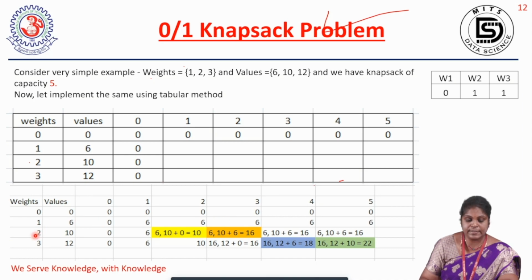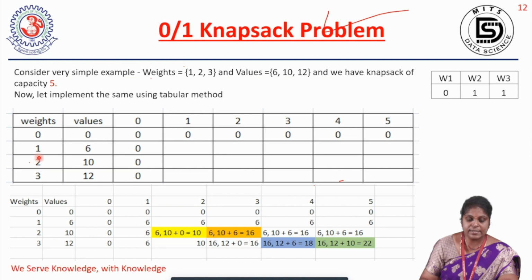Now come to the second row. In the second row, the 2 comma 1 entry. What does the second row mean? I have two items. Item 1 is there, item 2 is there. So if you take the entry 2 comma 1, what does 2 comma 1 mean? I have two items, but my bag size is only 1 kg.